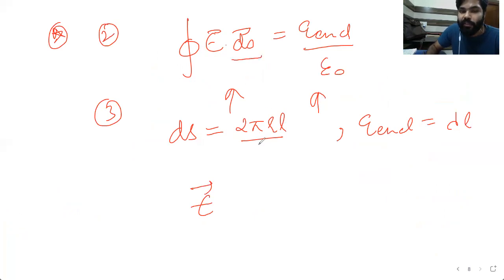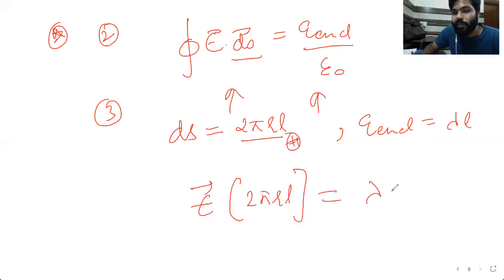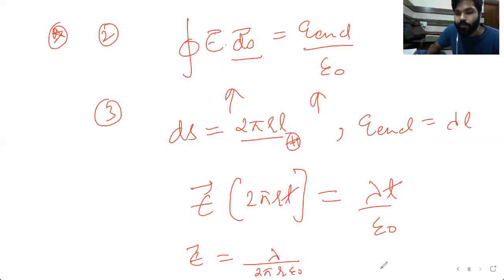The integration of ds means integration of small area, means finding the area of the Gaussian surface, which we have already done, which is 2 pi r l, and Q enclosed by the Gaussian surface is lambda times L, upon epsilon naught. Cancel out L and L, and you will end up with lambda upon 2 pi r epsilon naught.